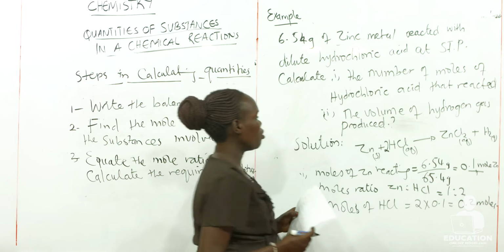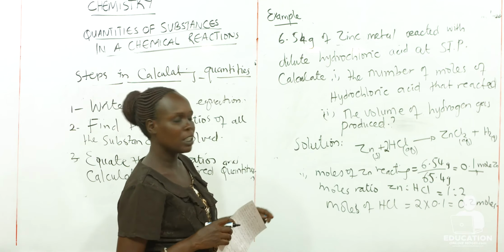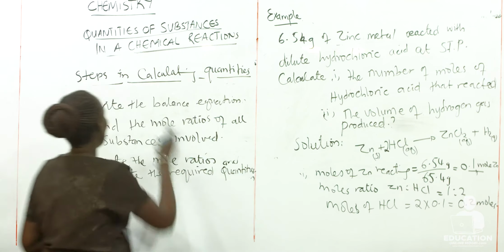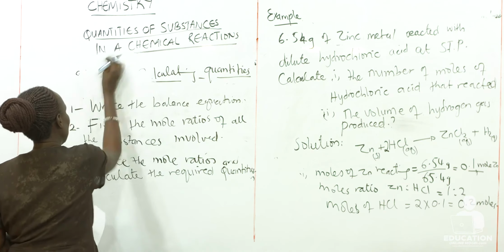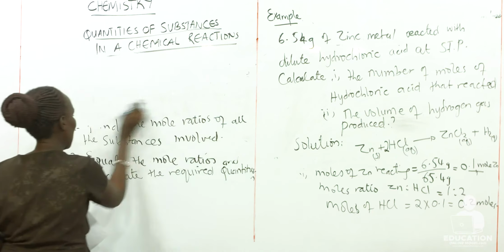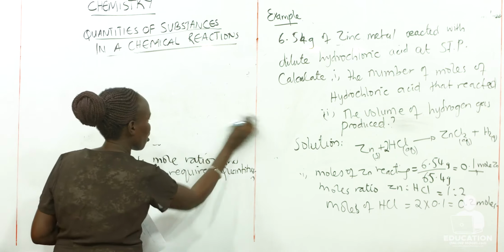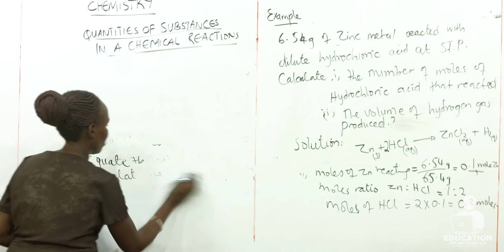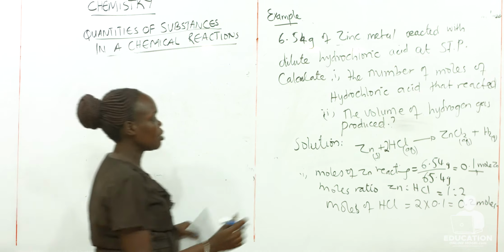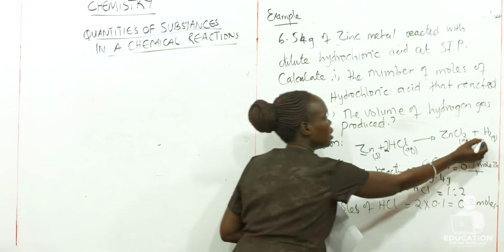So to get the volume of hydrogen gas, we shall use the standard temperature and pressure, and we multiply by the mole ratio of zinc to hydrogen gas. Here zinc is 1 and hydrogen gas is 1.